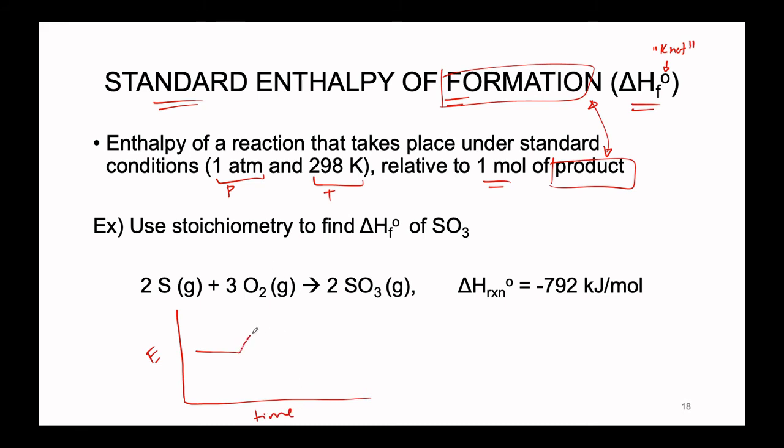The reaction took place over a certain amount of time, the chemical bonds of the reactants had to be broken, and our products, should be a flat line, are also going to have a particular energy level, and the difference between these 2 is going to give us a measurement of our delta H, right? Just as a reminder from our diagram that we saw previously in this lecture. This delta H was calculated at standard pressure and temperature to be equal to negative 792 kilojoules per mole.